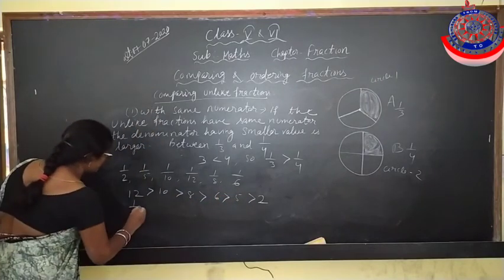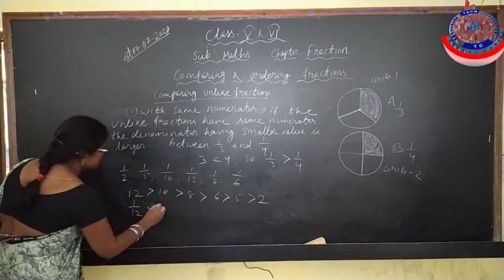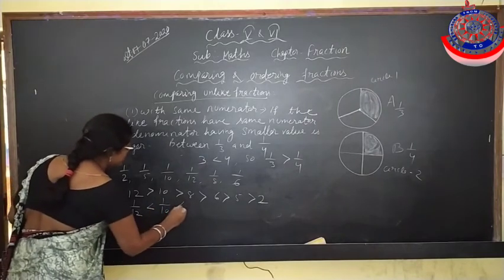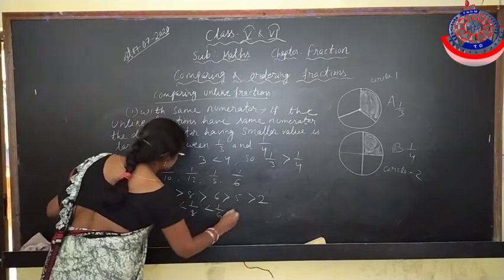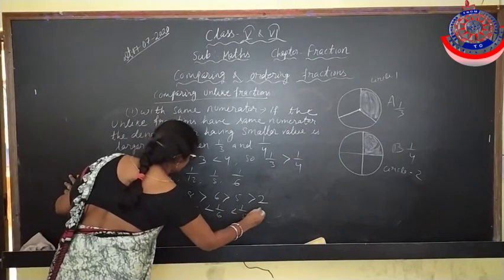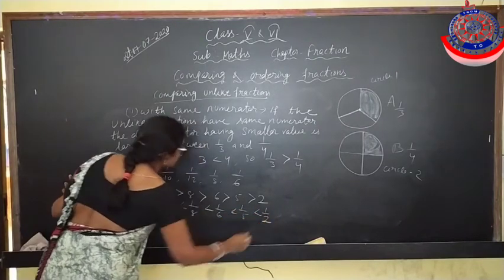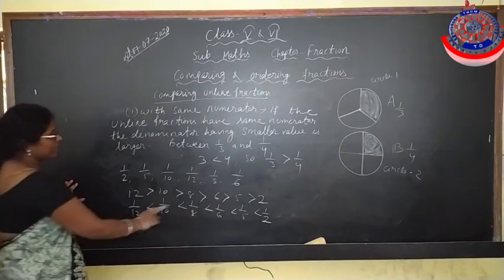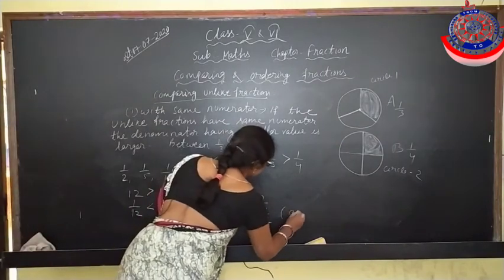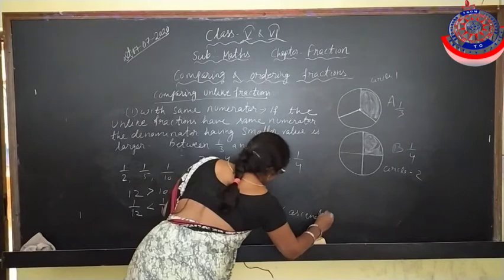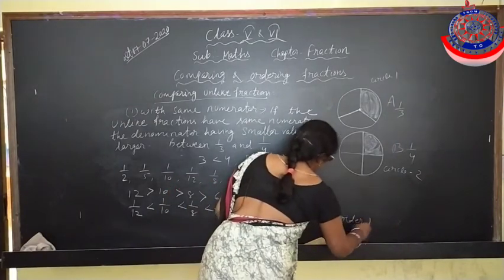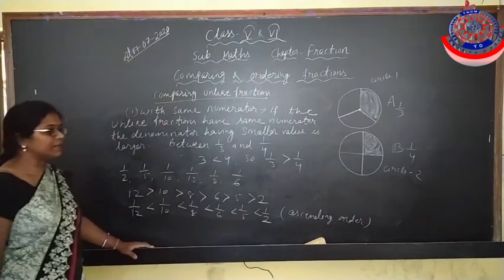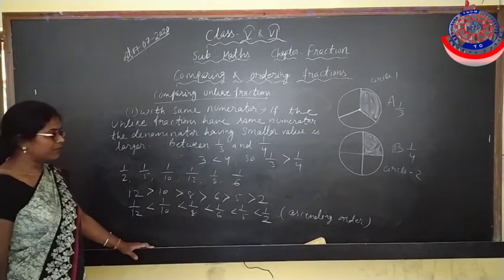That's why 1 by 12 is less than 1 by 10, less than 1 by 8, less than 1 by 6, less than 1 by 5, less than 1 by 2. Now they are arranged in ascending order. Like this, you can arrange them in descending order also.